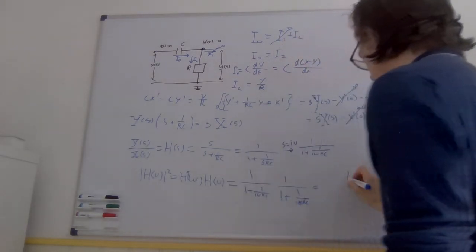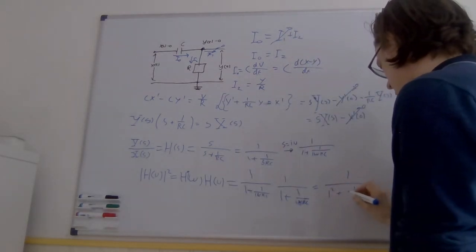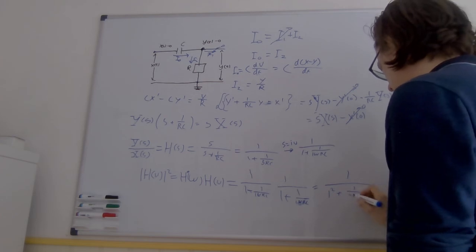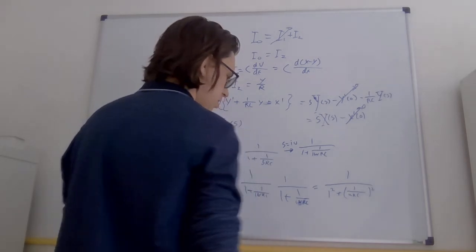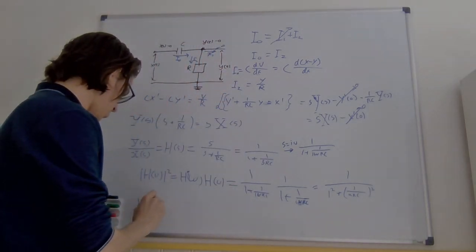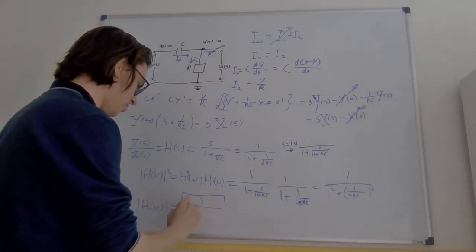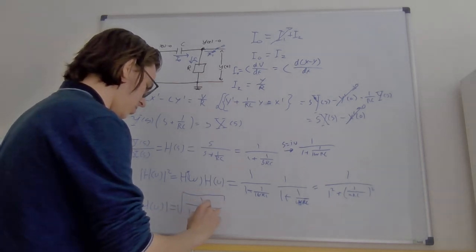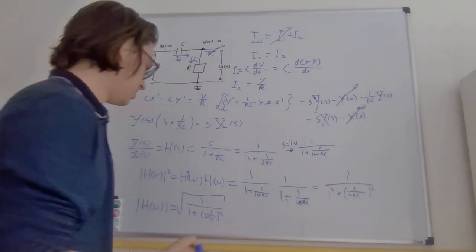This equals 1 divided by the square root of 1 squared plus 1 divided by omega RC, all squared. And so our amplitude equals the square root of 1 over 1 plus 1 over omega RC squared.